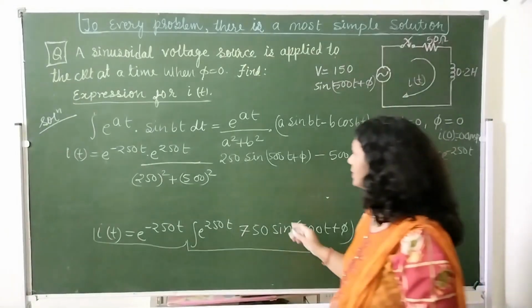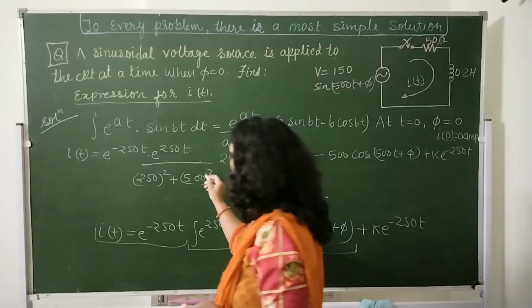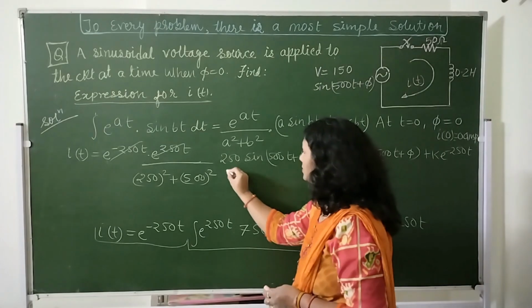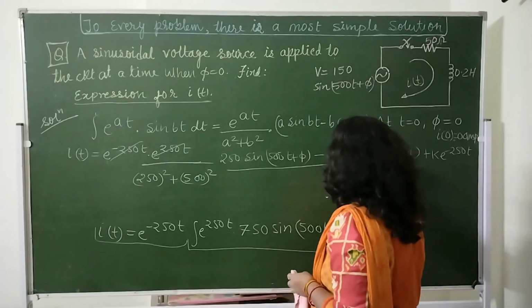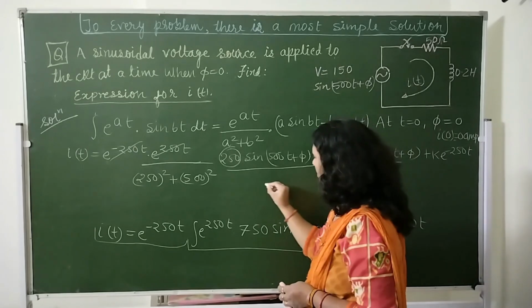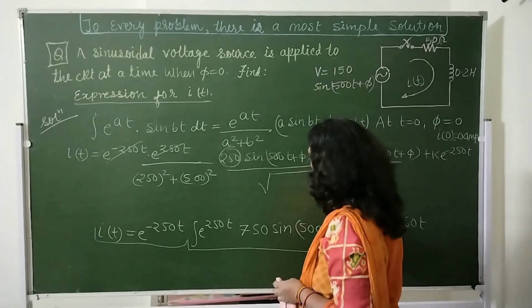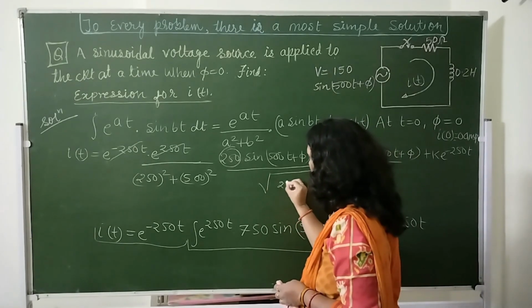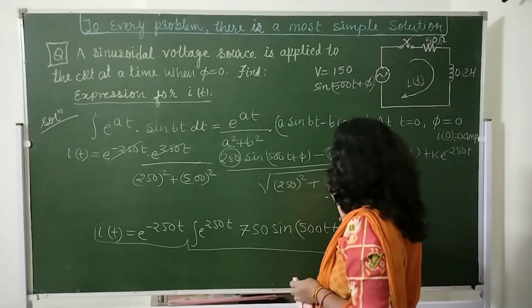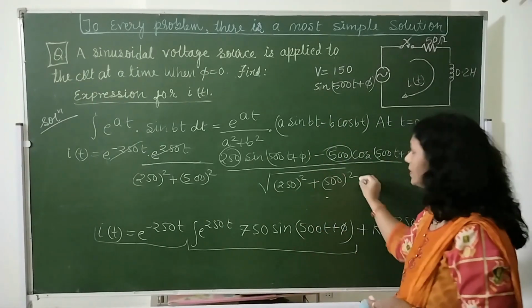Now we will simplify this. Divide these two terms by the square root of the sum of squares of their coefficients.